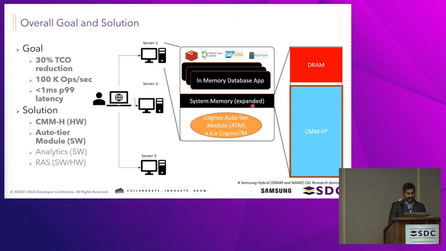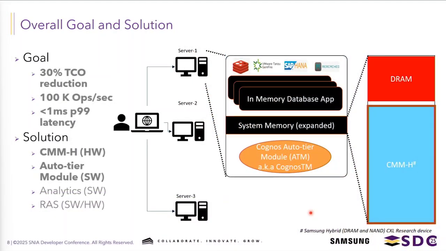As I mentioned, we took the actual application and its workload and scaled it down to 3 nodes. We set our goal in terms of TCO: we should be able to reduce TCO by at least 30%.